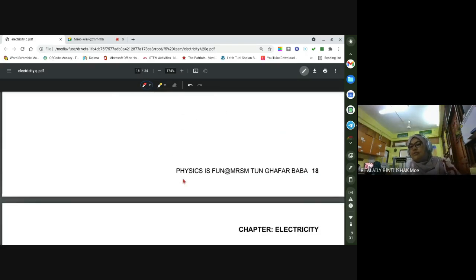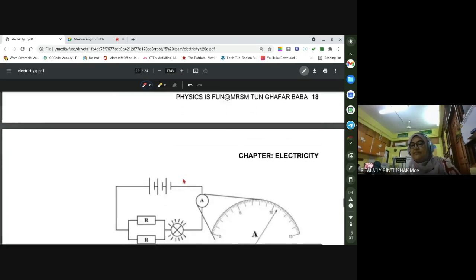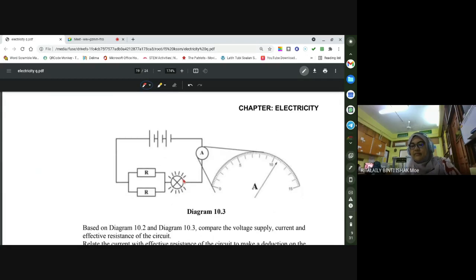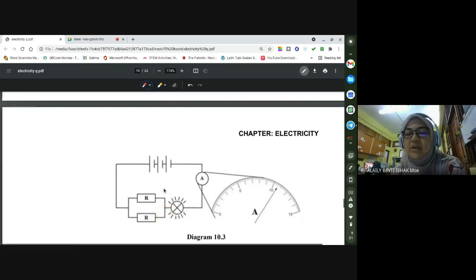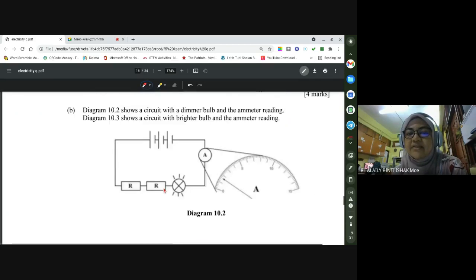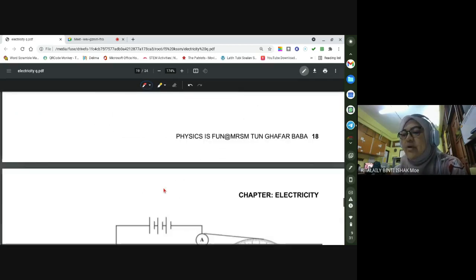Which part do you refer to? Which part do you refer to in order for us to determine which one has lower effective resistance? What are we referring to?